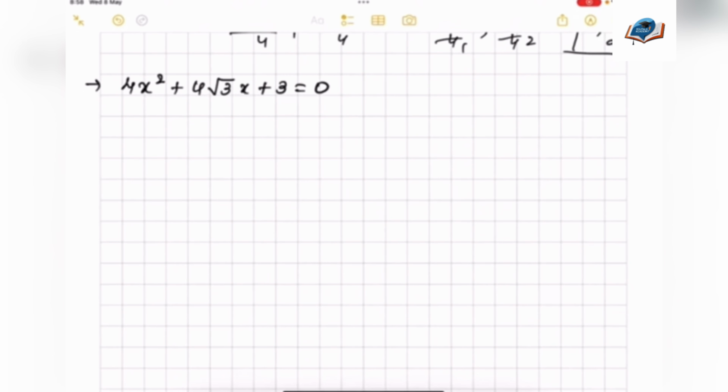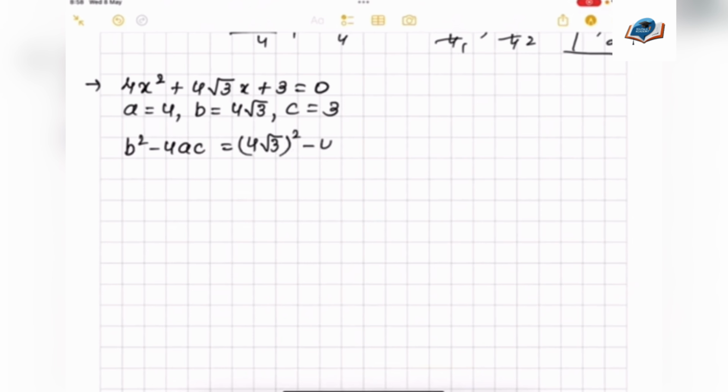A is 4, B is 4 root 3 and C is 3. So B square minus 4AC will be equal to 4 root 3 whole square minus 4 into 4 into 3. That will be 16 into 3 minus 16 into 3. So that is coming as 0.